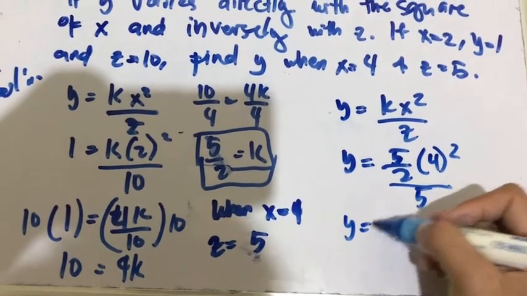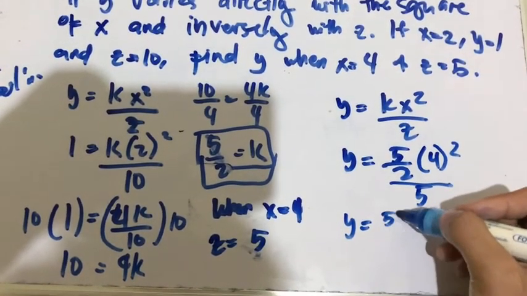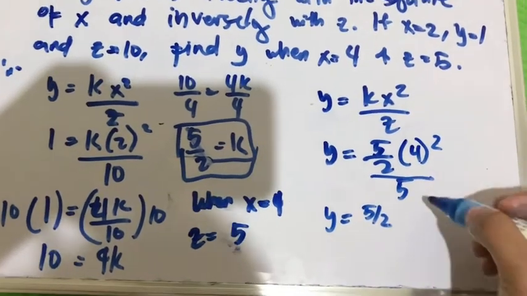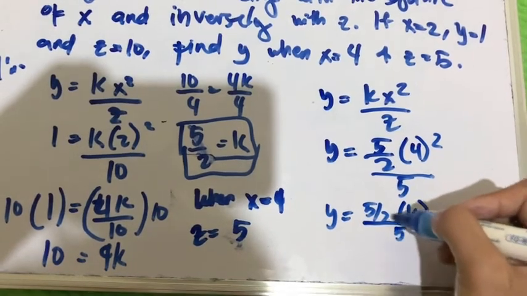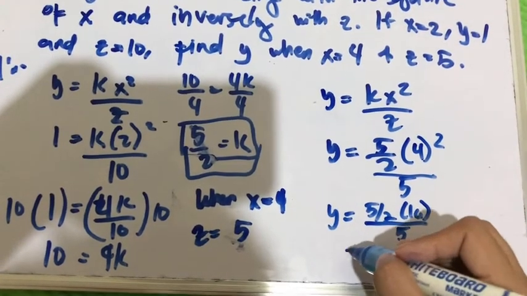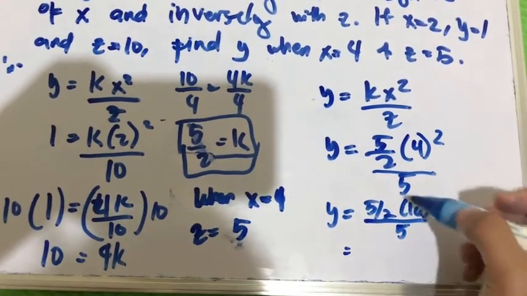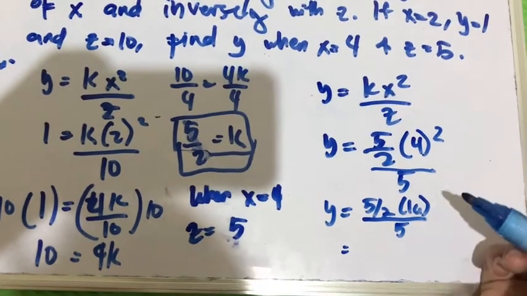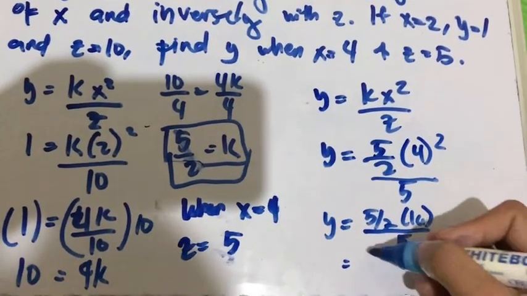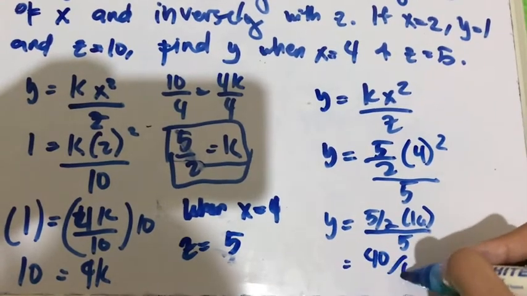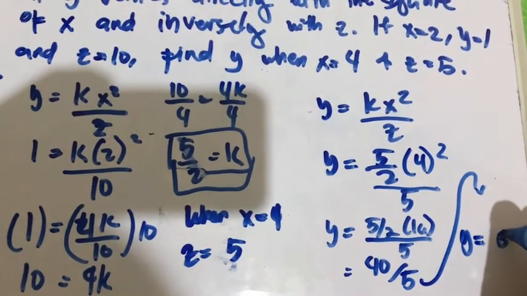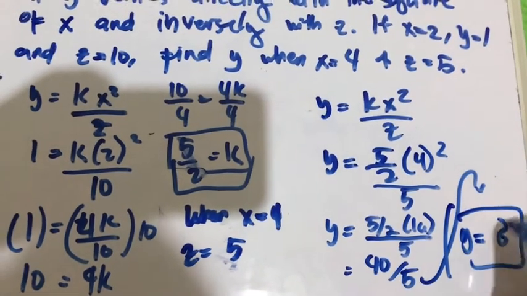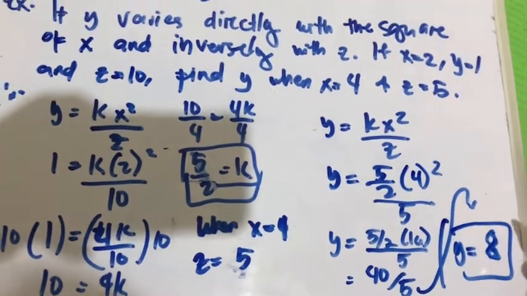Now y is equal to 5 over 2 times 4 times 4, which is 16, over 5. Reducing, 5 times 16 divided by 2 is 40 divided by 5. So we have y is equal to 8.